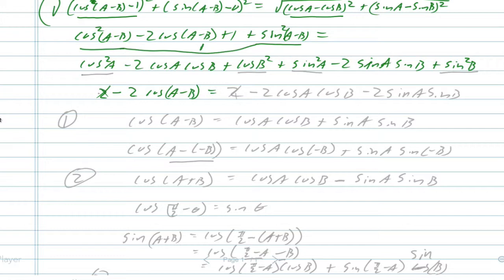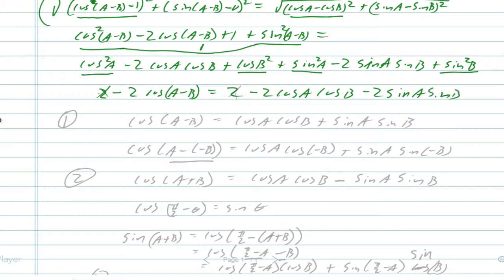Now the second side, you have cosine squared A, sine squared A, cosine squared B, sine squared B. So that will be 2 minus 2 cosine A cosine B minus 2 sine A sine B. Believe it or not, we're almost done.